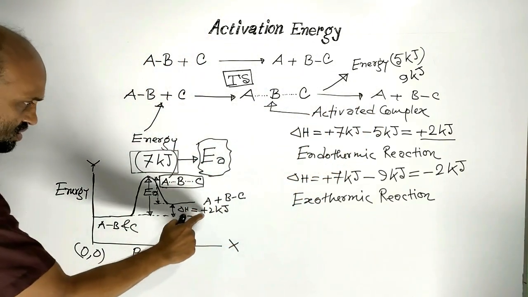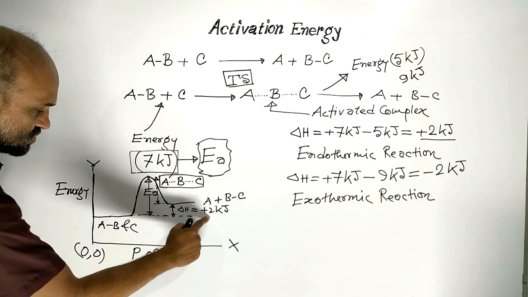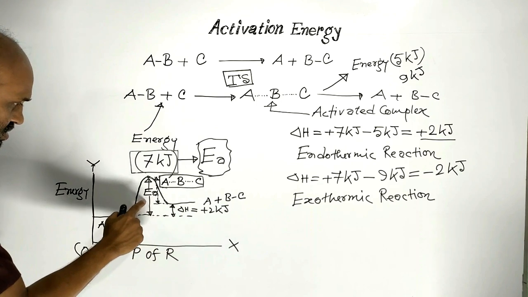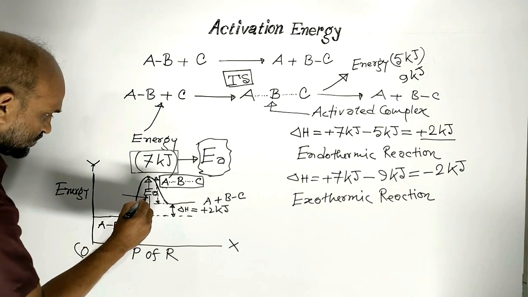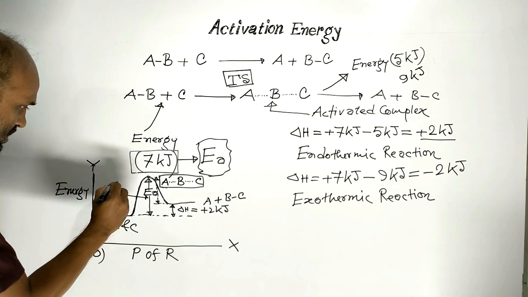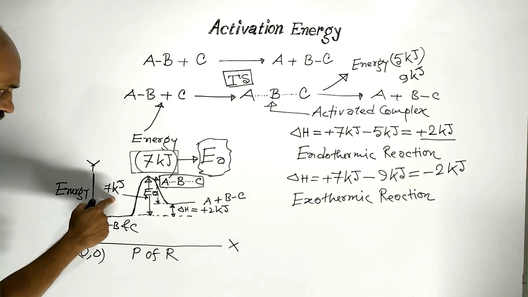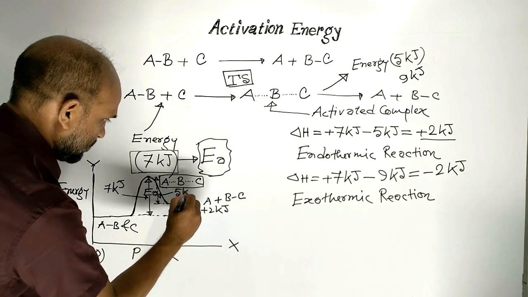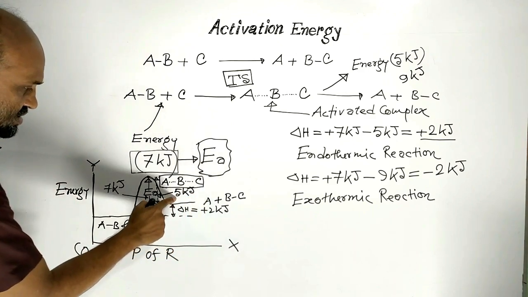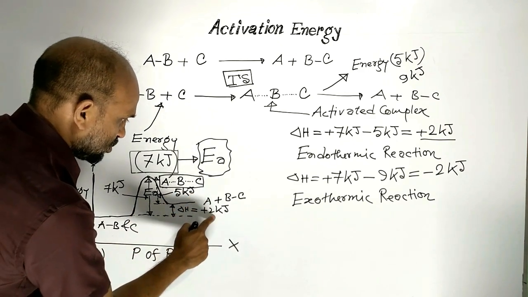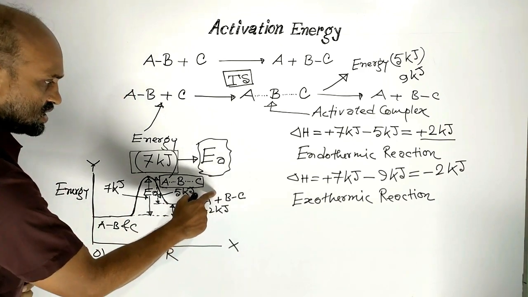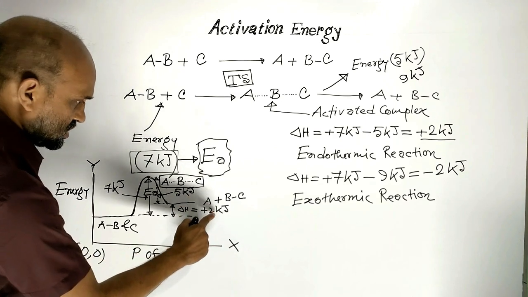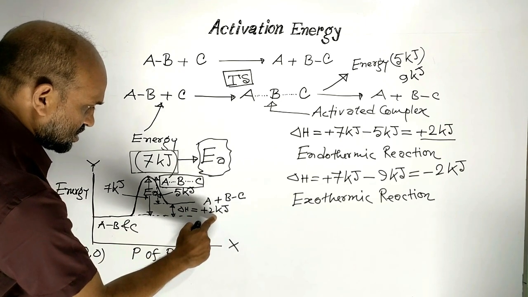That is why this reaction is called endothermic reaction. This reaction absorbs 7 kilojoule heat, but it releases 5 kilojoule heat. 2 kilojoule heat is stored in the products. So this is endothermic reaction.